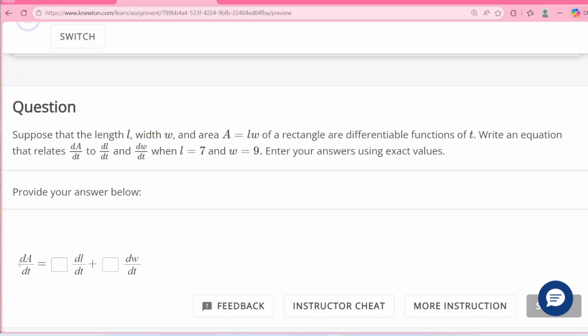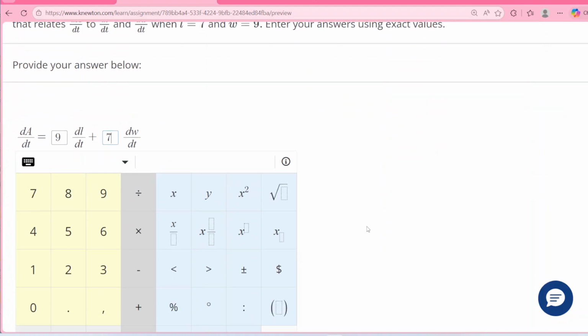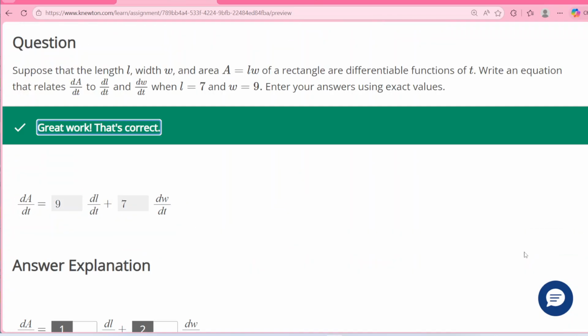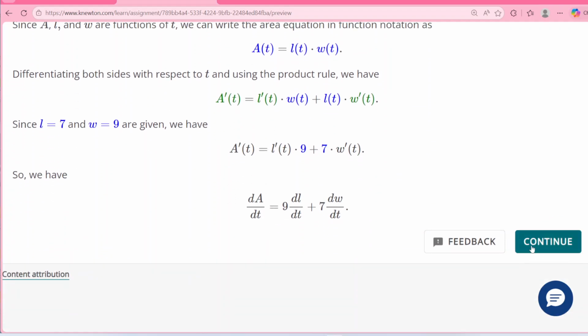So again, dA/dt on the left equals, remember the quantity attached to L prime would be the width. So it'd be 9 there. They give us positive 9 for the width. 9 times the rate of change of the length plus, and then dW/dt, W prime would be attached to the length, which is 7. If you apply the product rule properly. So hopefully you got that down from the first question.